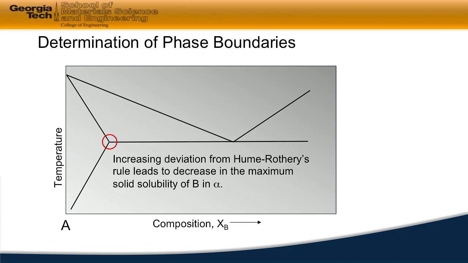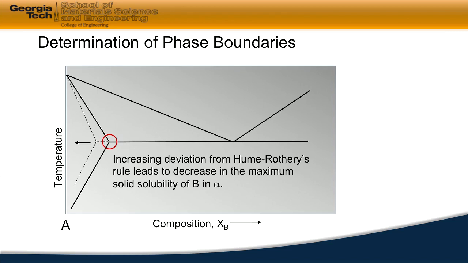So I have the maximum solid solubility, and that maximum solid solubility will increase as components A and B become more similar, or alternatively, as A and B become more different from one another, that point is going to move from right to left.